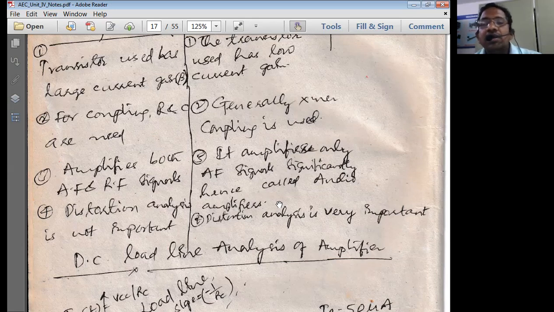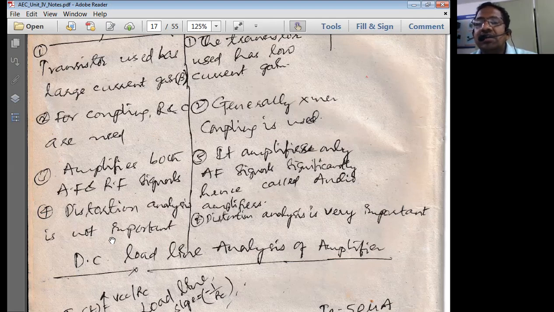And one more difference is distortion. In the case of voltage amplifier, distortion analysis is not important. We don't even care about the distortion in voltage amplifiers. The reason is that in voltage amplifiers, the Q point is always at the center of the active region, and we never operate the transistor in the cutoff or saturation regions.